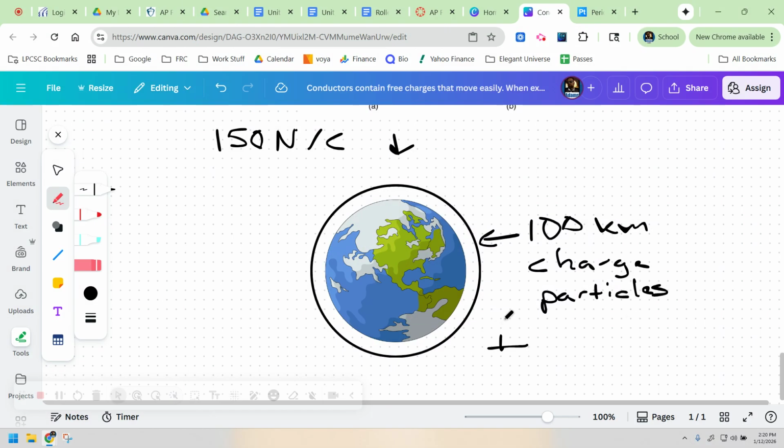And that's called the ionosphere, right? Remember, an ion is an atom or a molecule that has a charge because it does not have the same number of electrons as it does protons. So it has a slight positive or negative charge.